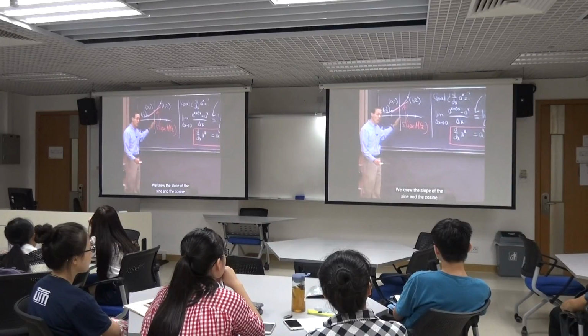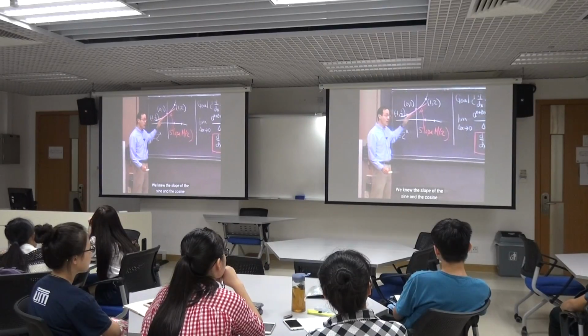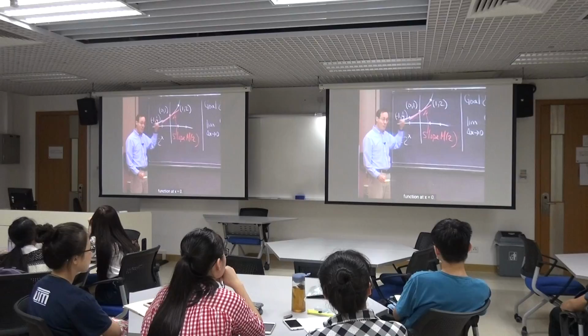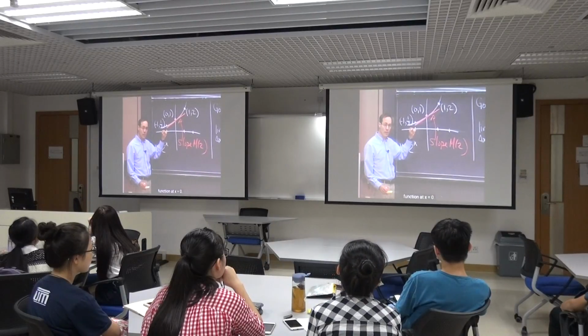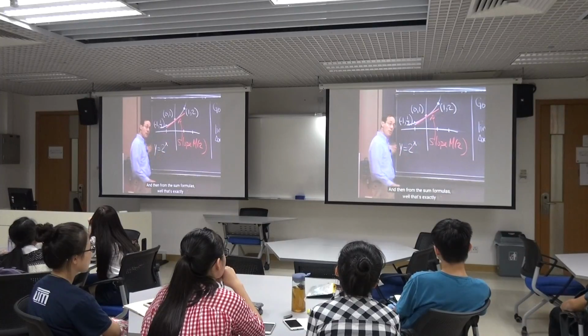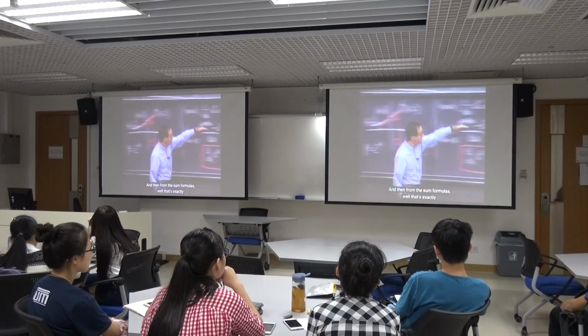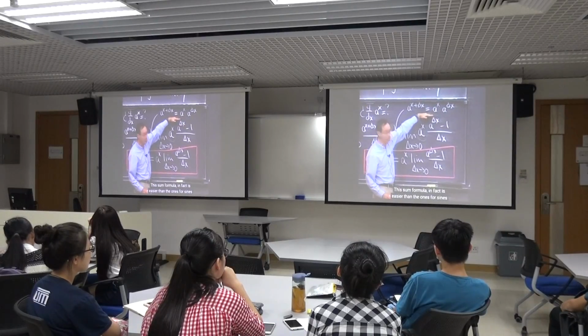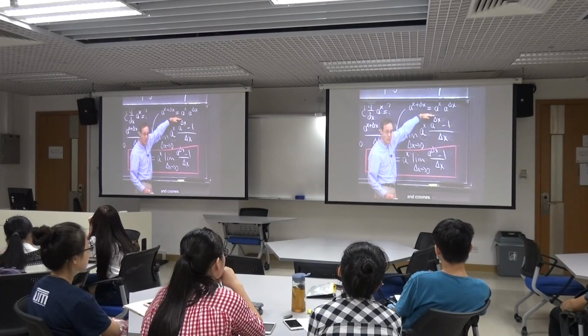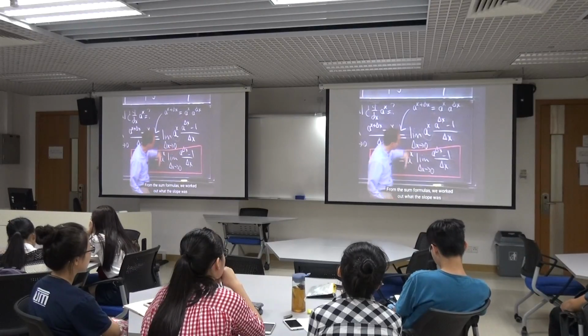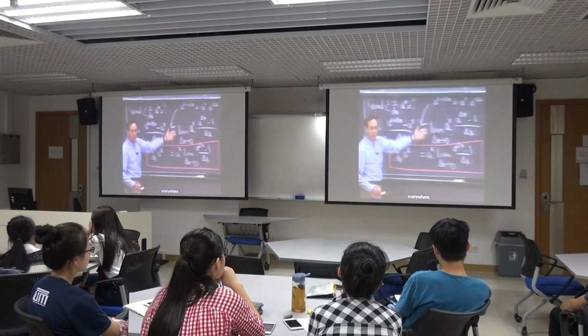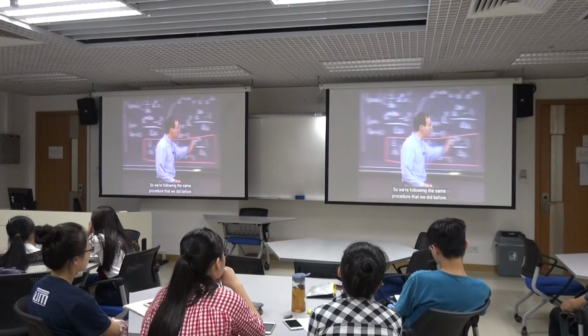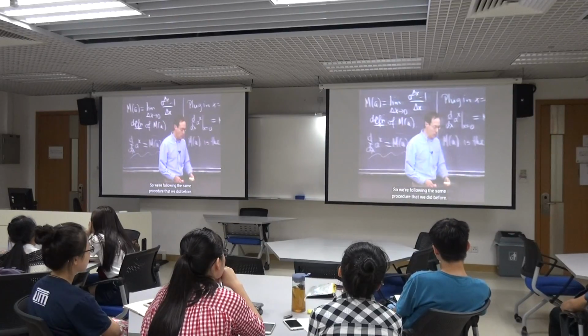We knew the slope of the sine and the cosine function at x equals 0. The sine function had slope 1, the cosine function had slope 0. And then from the sum formulas, well, that's exactly this kind of thing here. From the sum formulas, this sum formula, in fact, is easier than the ones for sines and cosines. From the sum formulas, we worked out what the slope was everywhere. So we're following the same procedure that we did before.